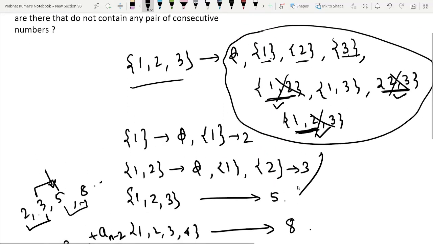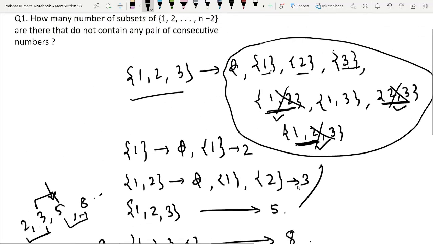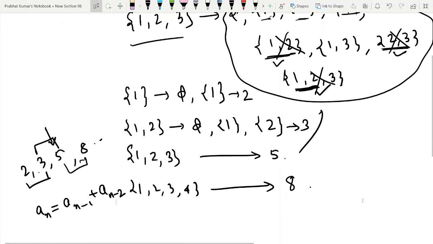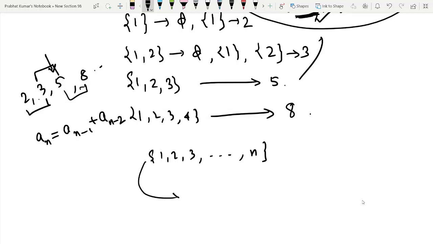What you can do in this problem, and I'll explain in a bit why they are giving n minus 2, is suppose there are n elements, 1 2 3, going up to n. You can divide the subsets into two disjoint cases.